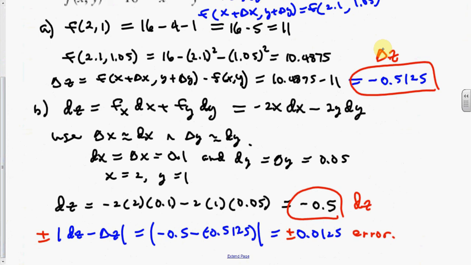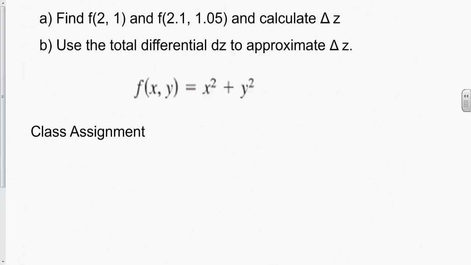All right. Now, with that, let me give you one to do. Do this one.